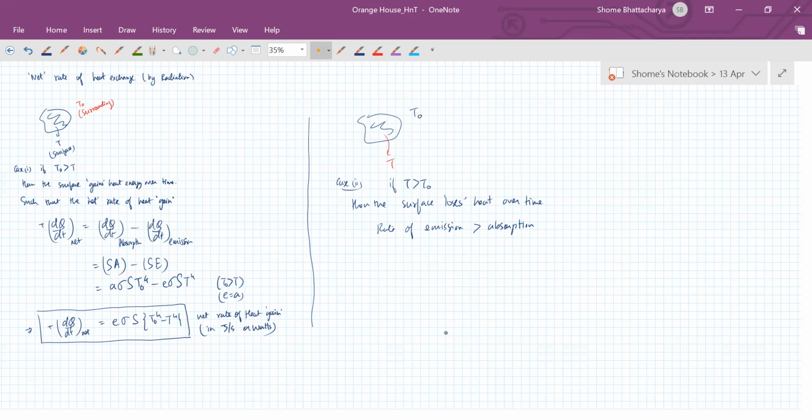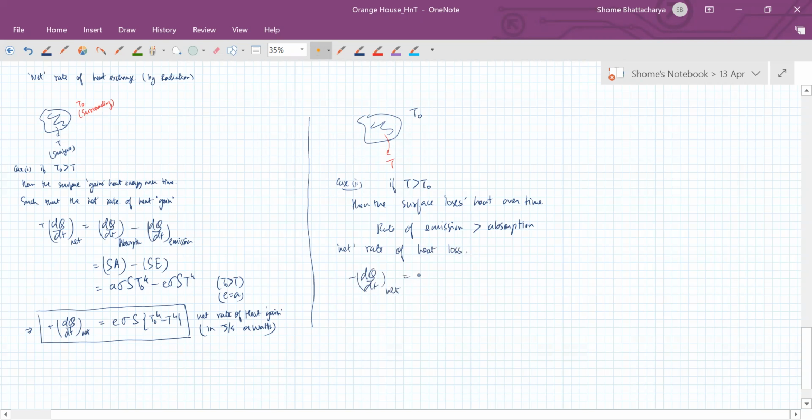Okay, so in this case, the net rate of heat loss we'll write as minus of dq by dt.